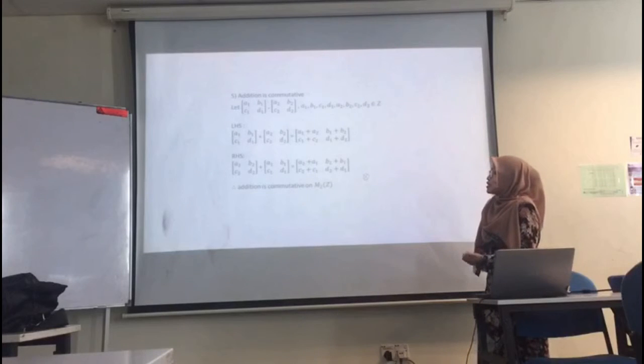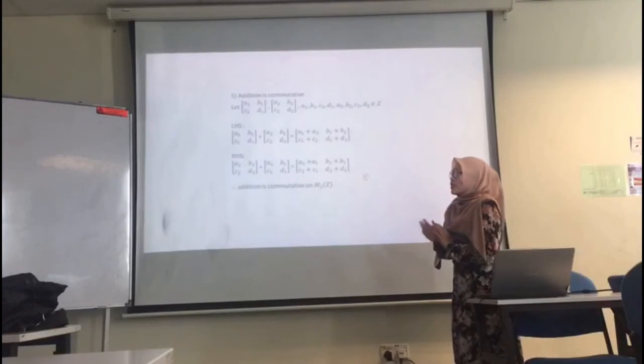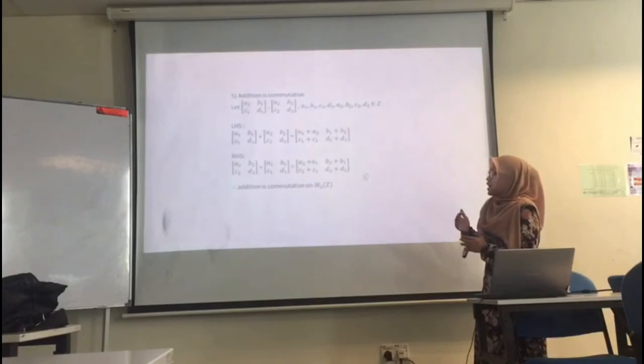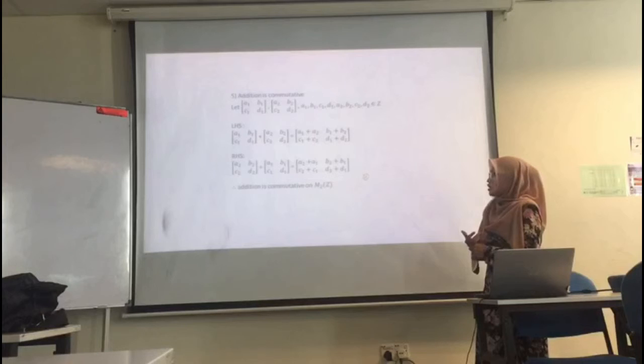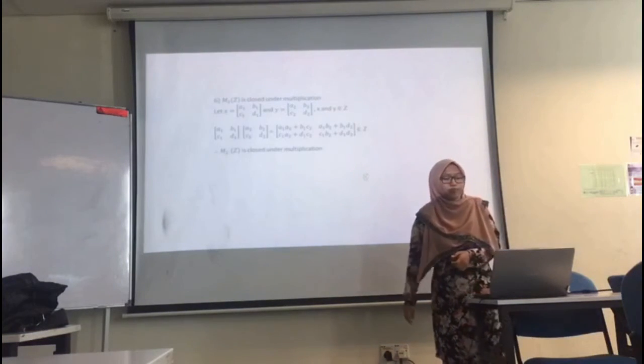In the left hand side we add as usual, and in the right hand side we add as usual, and we get that addition is commutative on 2 times 2 matrices.